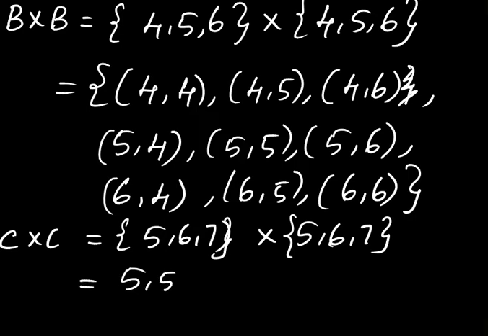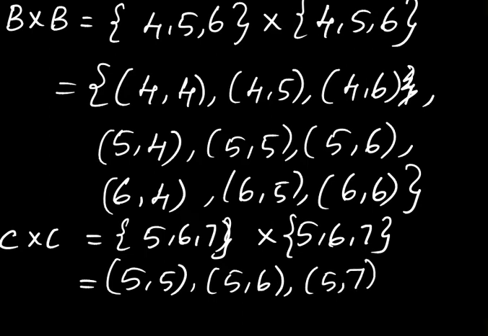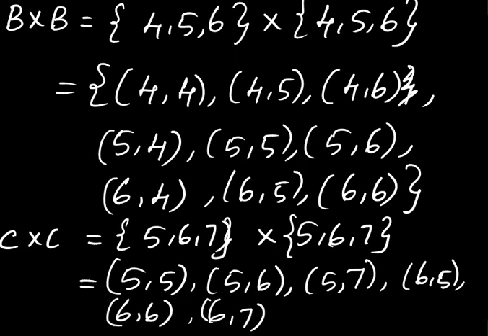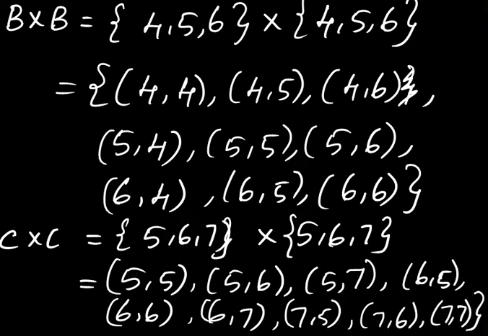So we'll get (5, 5), (5, 6), (5, 7), then (6, 5), (6, 6), (6, 7), (7, 5), (7, 6) and then (7, 7). So from the statement we need to find B cross B intersection C cross C, that is the common ordered pairs between these two.